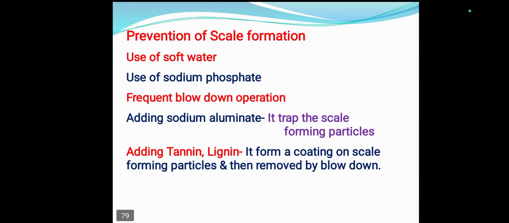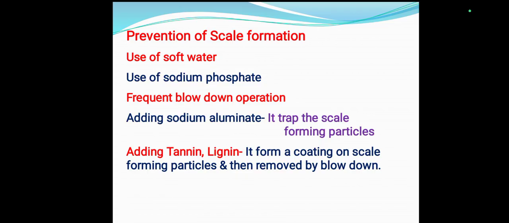Now how to prevent scale formation? As we saw in the causes, hydrolysis of salt is responsible for scale formation, right? So the best way to prevent scale is to use salt free soft water.